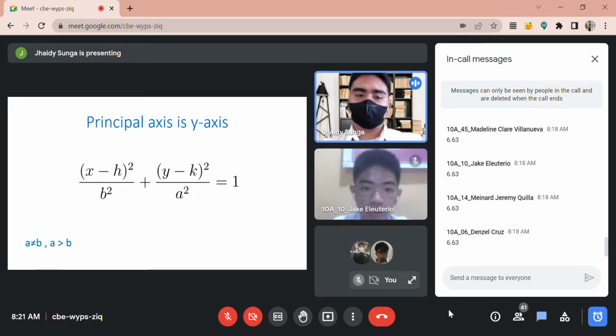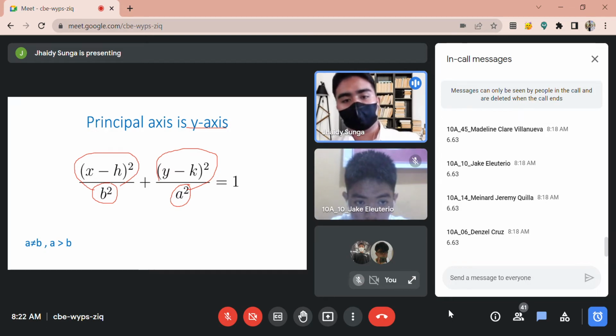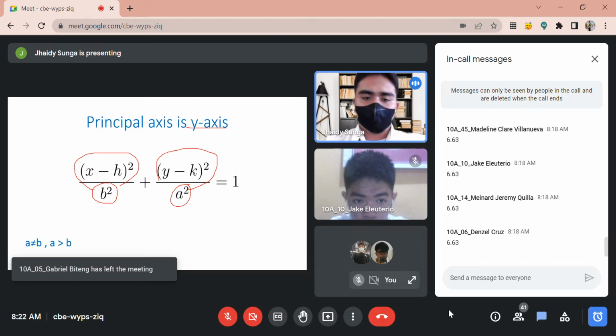How about this one? This is when the principal axis is at the y axis. You will notice that a is located at the y intersection, and the same goes for b. This is your minor axis.